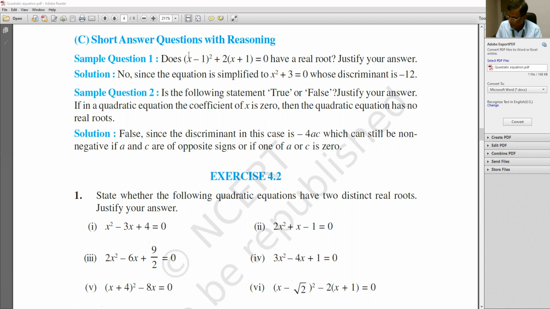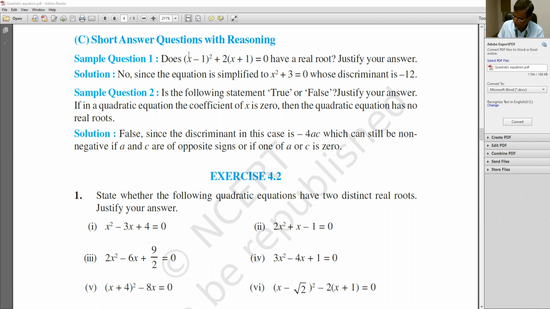So to get the solution of this question, or to reach at any level of your decision, firstly you should simplify the given equation (x minus 1) whole square plus 2 into (x plus 1).